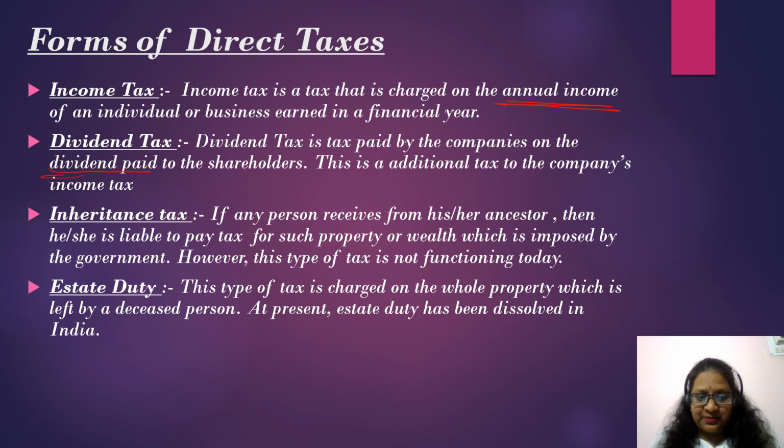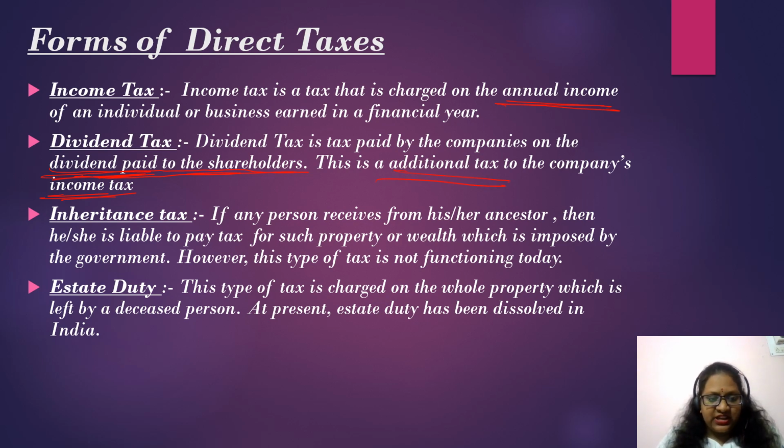Various companies have dividends in shares, right? Those are paid to the shareholders. This tax is calculated on the dividend which is paid to them. This is an additional tax to the company's income tax. This comes under the professional tax and it is an additional tax to the company.